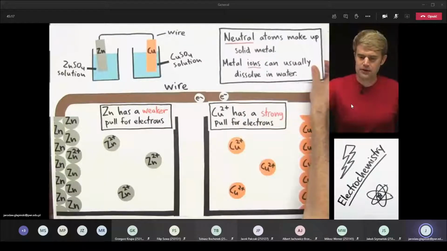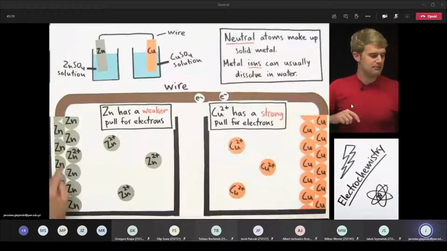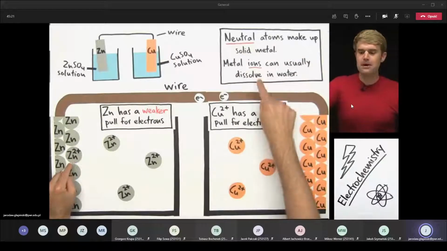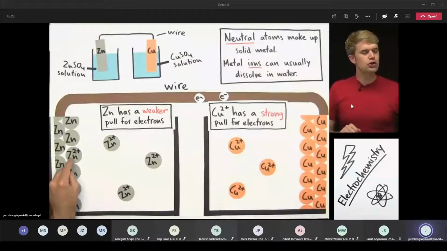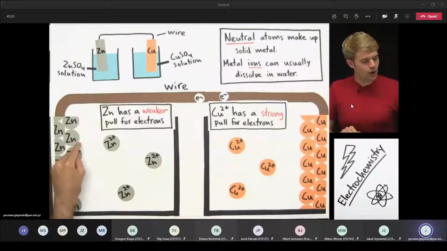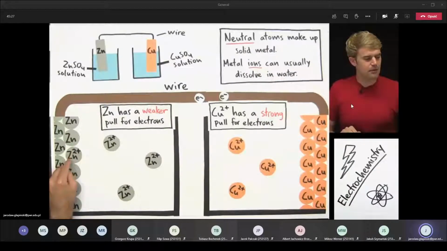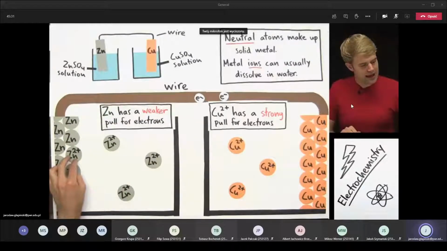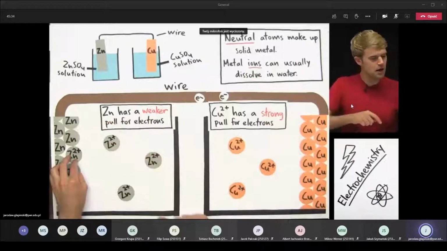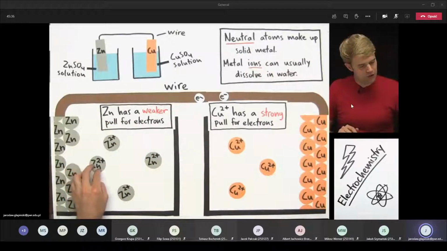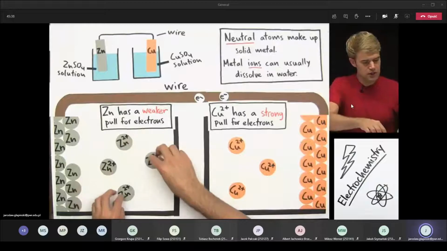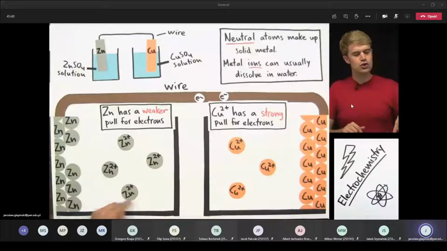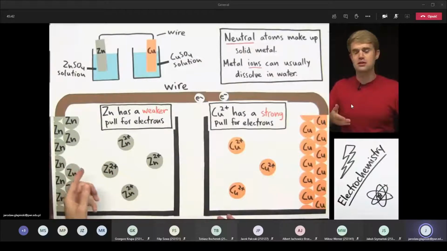And that's because neutral atoms make up solid metal, but metal ions usually dissolve in water. So after this zinc atom turns into Zn2+, because it lost these electrons, it's no longer part of the solid metal anymore. And it floats off, it dissolves into the solution. Okay, so that's what happens to the zinc.